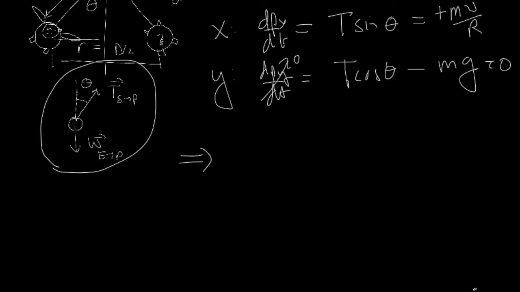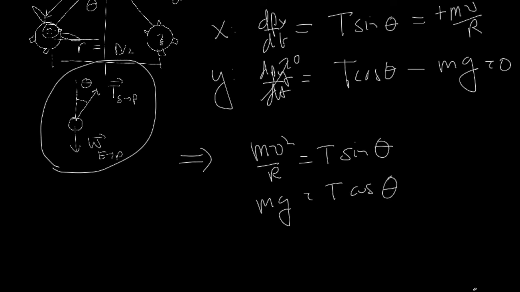I end up with mv squared over r is equal to T times the sine of theta, and mg is equal to T times the cosine of theta. And so you can see that if I take the ratio of these two, I'm going to get v squared over rg. That's going to be equal to the tangent of theta. So there you have it.